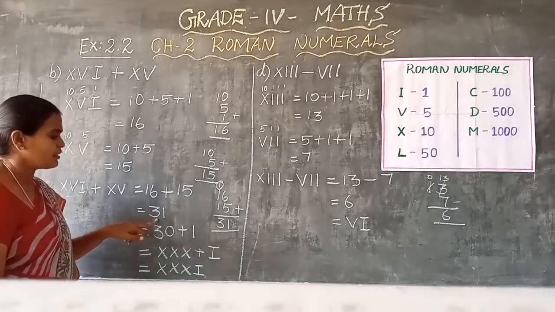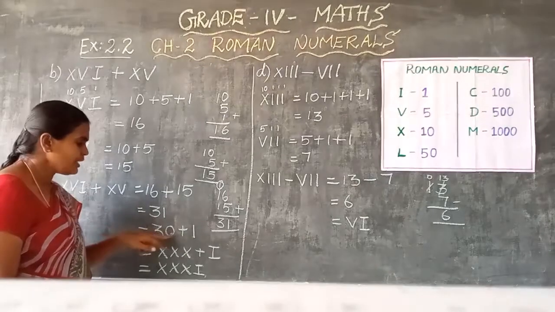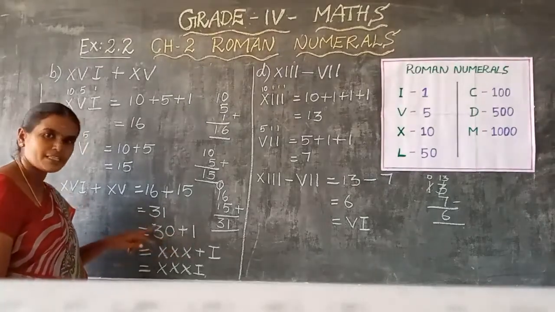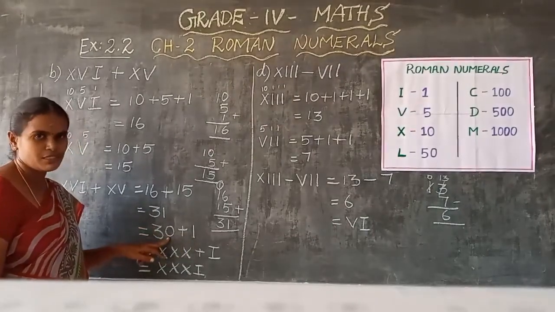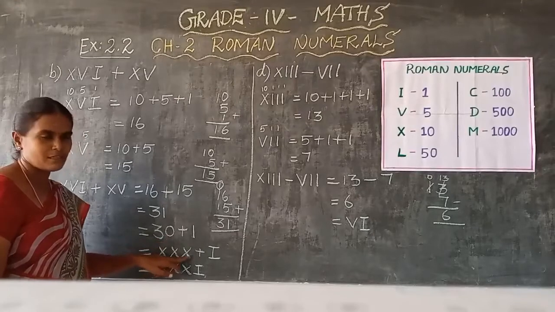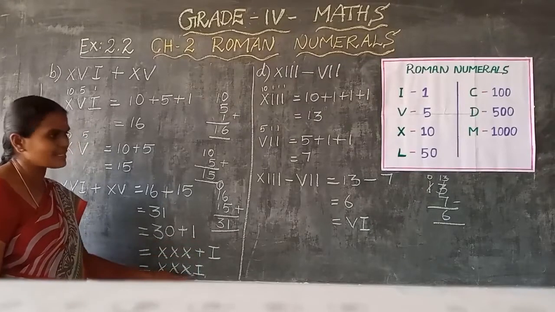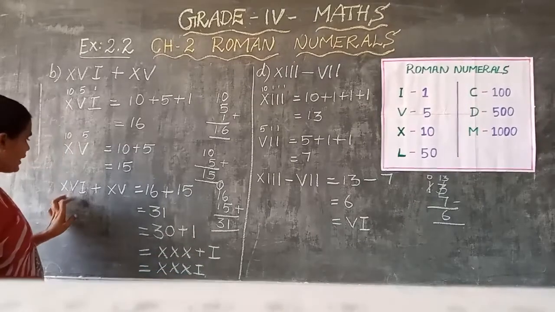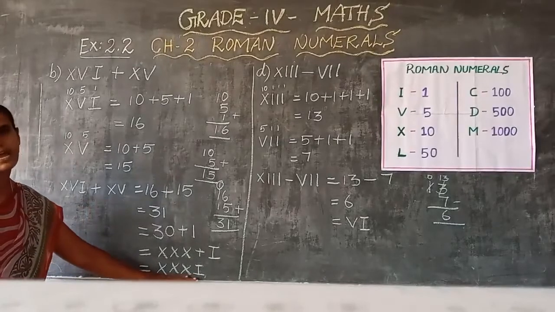What is the expanded form of 31? 30 plus 1. 30 means 3 times 10, so X three times, plus 1 means I. So XVI plus XV equals XXXI.